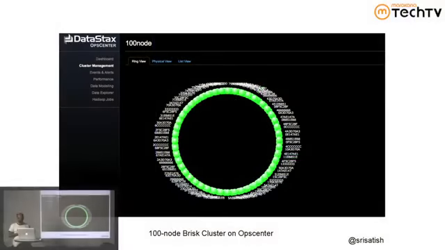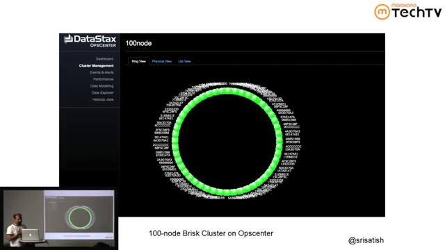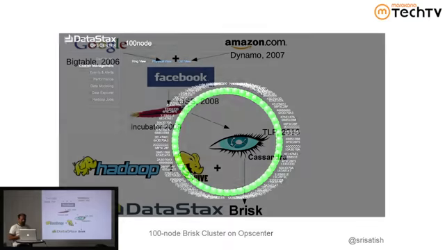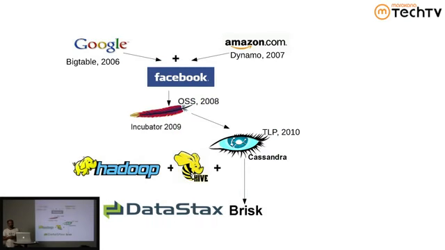Here's a 100-node Brisk cluster that we ran during our tests. We kept it running for a long time, enough to run some good EC2 hours. So the evolution continues. We have taken that initial Facebook Cassandra, now taken Hadoop and Hive, and we have Brisk.